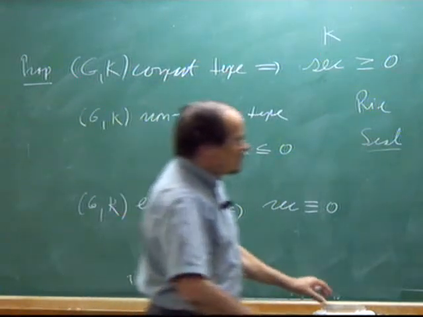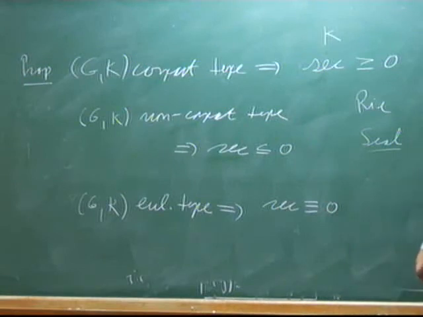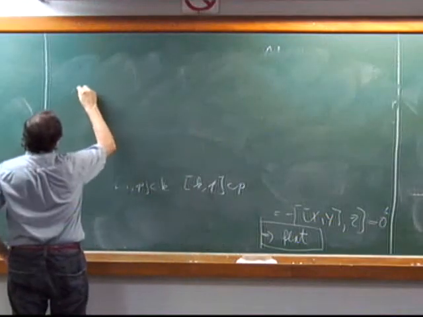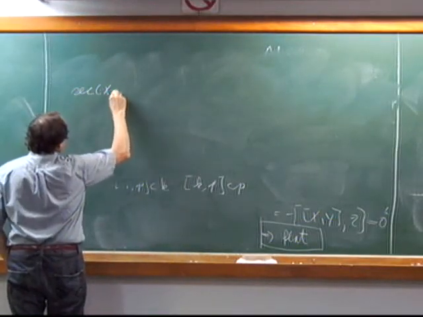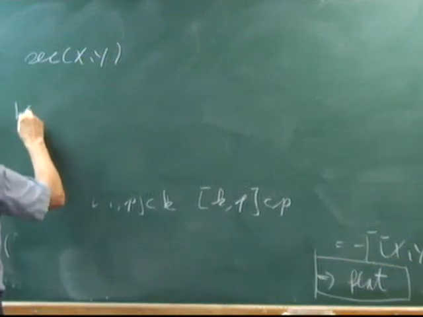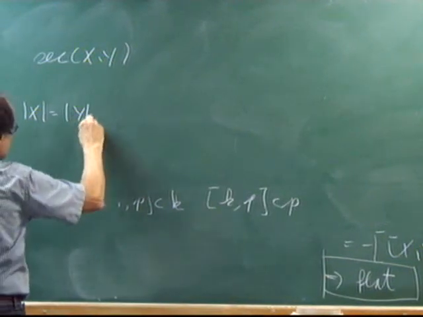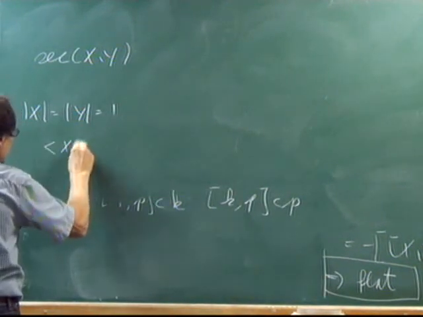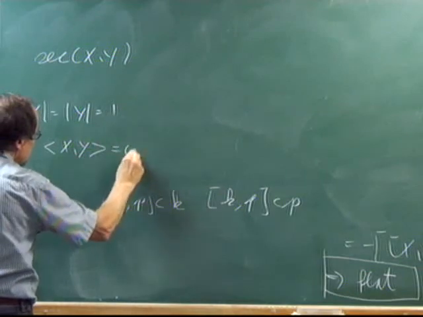So to see this, I just use a formula for the curvature and add to that the following remark. So what's the sectional curvature of a two-plane xy? Let's say they have unit length and are orthogonal, so an orthonormal basis of my two-plane.